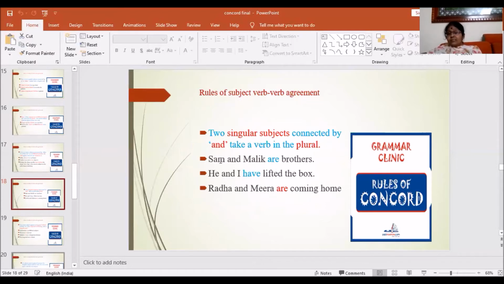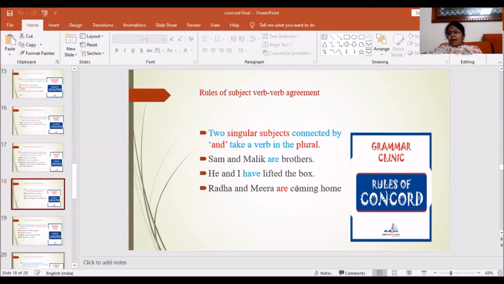Sam is one singular subject, Malik is one singular subject, but they are connected by and, so they will take a plural verb. He and I have lifted the box. He is one subject, I is one subject, connected with and, so our verb should be plural.